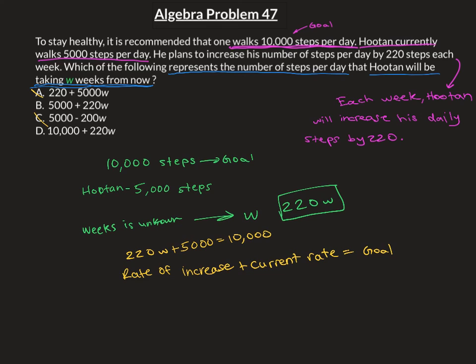So this is just showing us the different parts of the equation. We've got rate of increase, current rate, and goal. And we've set that out accordingly here.